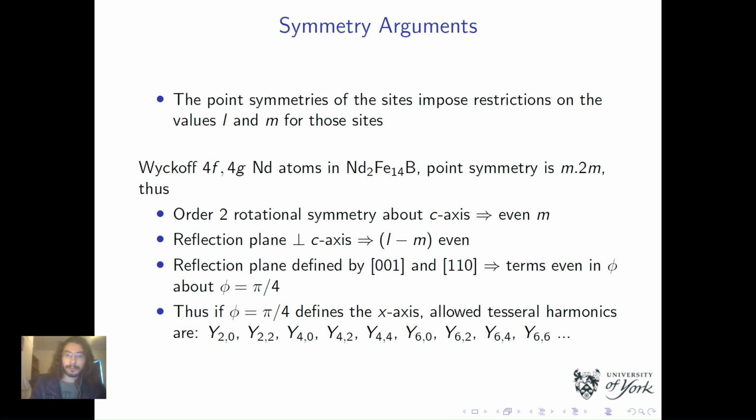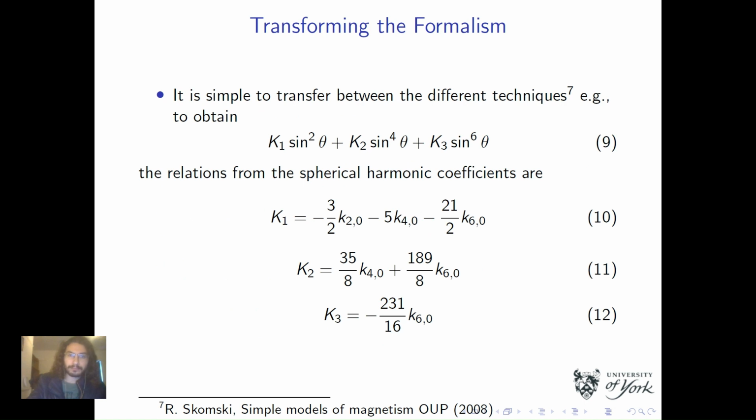The m refers to reflection in the plane perpendicular to the c-axis, and the 2m indicates two-fold rotational symmetry and also reflection symmetry in the plane containing the c-axis and the 110 axis. This restricts our allowed terms as shown below. So we only have even and positive powers of n and even positive powers of L.